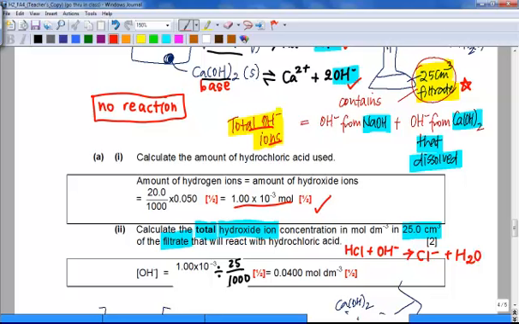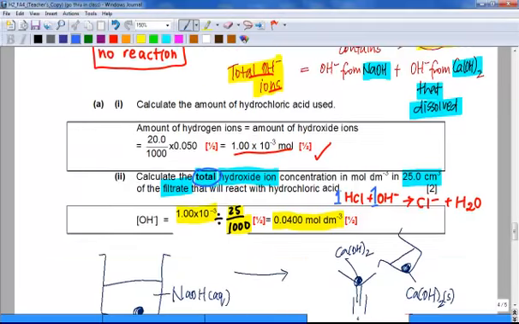In this case, it reacts in a 1:1 mole ratio. So the number of moles of hydroxide ions is also 1 × 10⁻³. To find concentration, simply divide by volume, and the volume is 25 cm³. Based on this, we should get 0.04 mol per dm³. Keep in mind that this is the total hydroxide ion concentration.